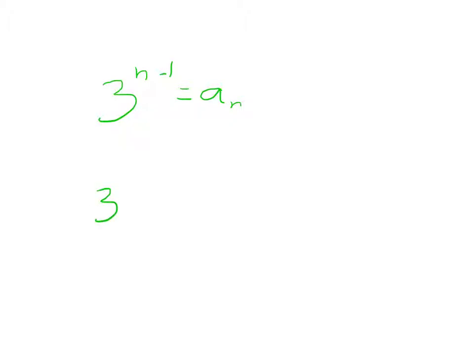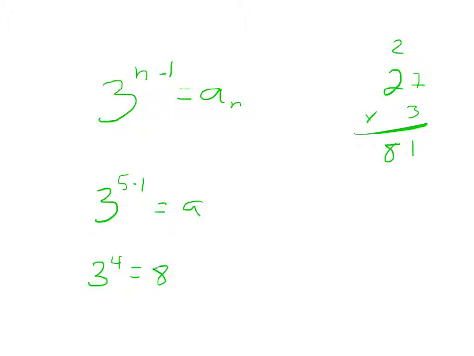It will be 3, and because it's the fifth term, we put a 5 up there, minus 1 will equal A. 5 minus 1 is 4, so 3 to the fourth. So that would be 27, because our last number, the third number, was 27, times 3. And we know that's going to be 81. So that would be our answer. So the fifth number will be an 81.